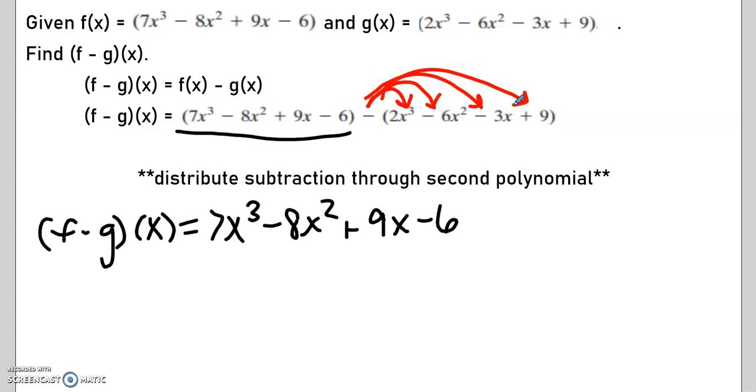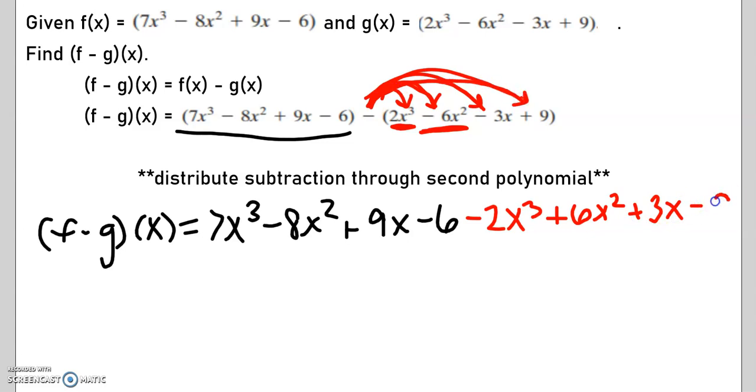And basically, a negative makes everything the opposite. So right now, guys, that's a positive 2x cubed. It's going to become a negative 2x cubed. Okay, a negative 6x squared, a negative to a negative becomes a positive 6x squared. Again, negative to a negative 3x becomes a positive 3x. And a negative to a positive 9 becomes minus 9.